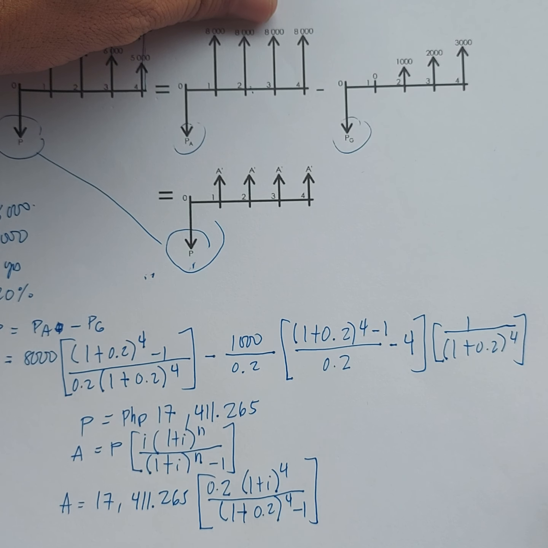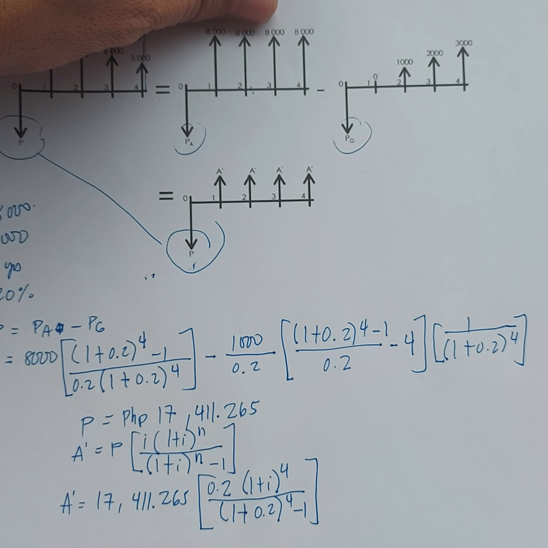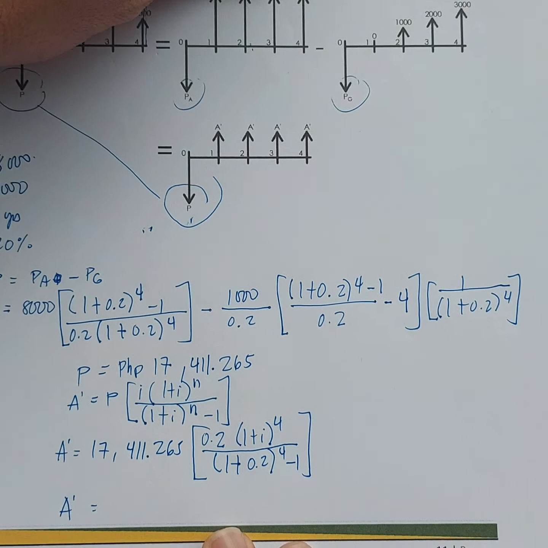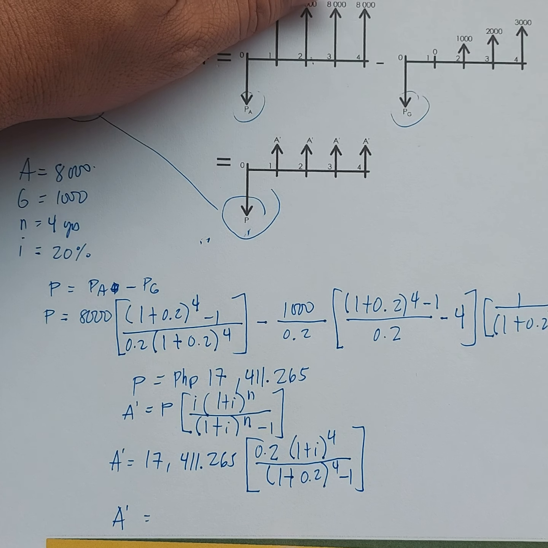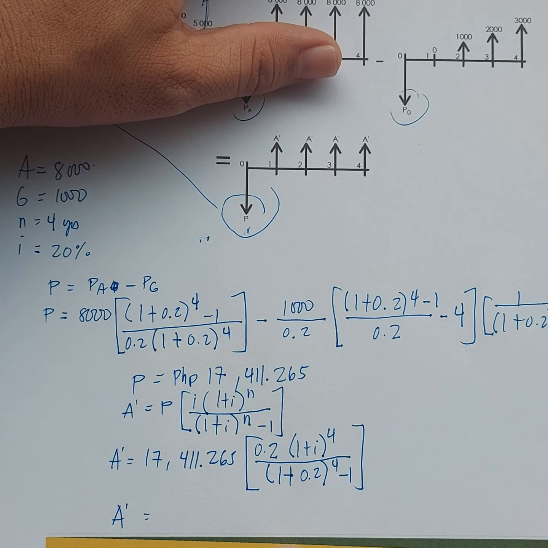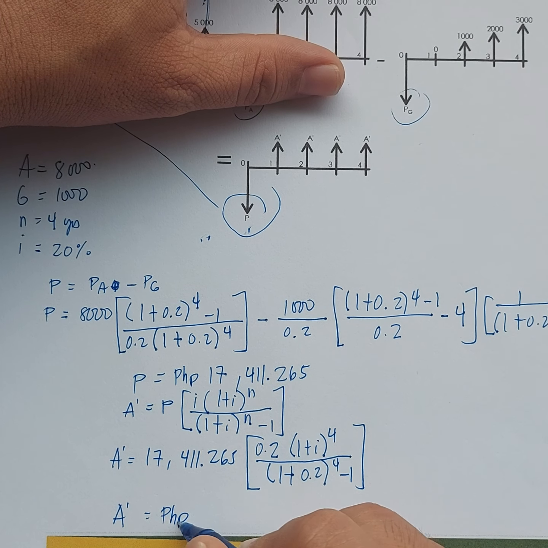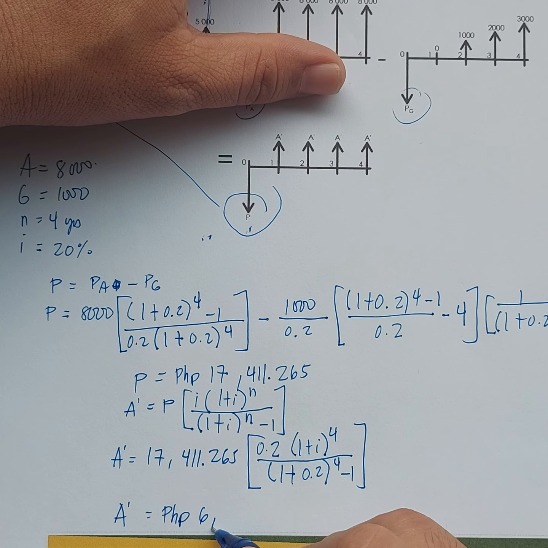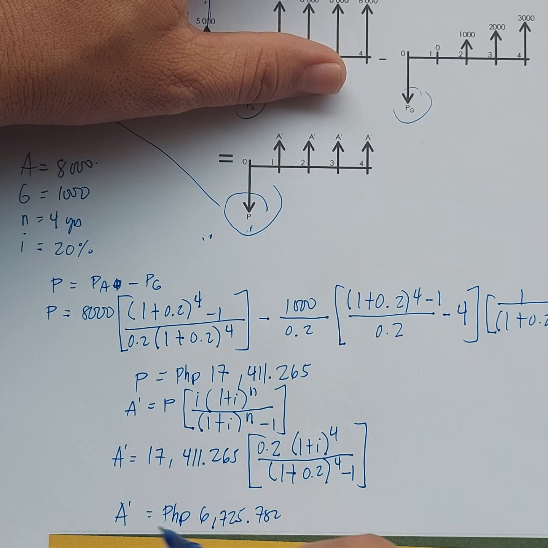So, I'm sorry, this should be A prime. So we have, okay, the equivalent uniform annual payments is equal to 6,725.782 pesos.